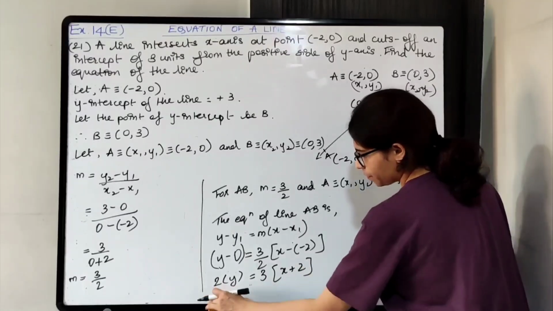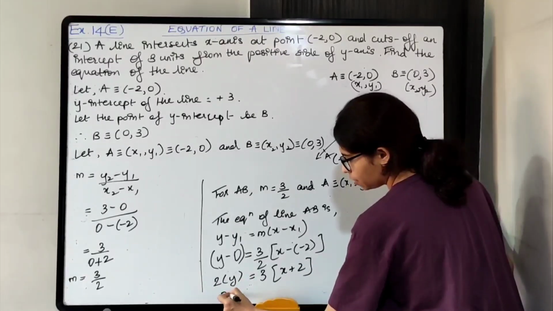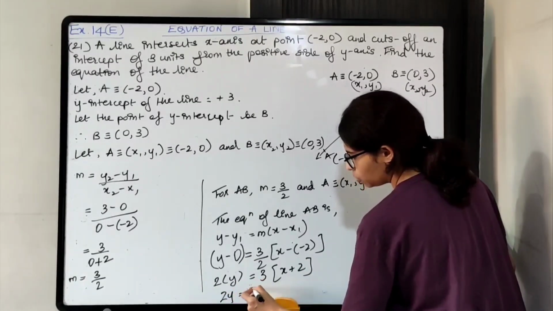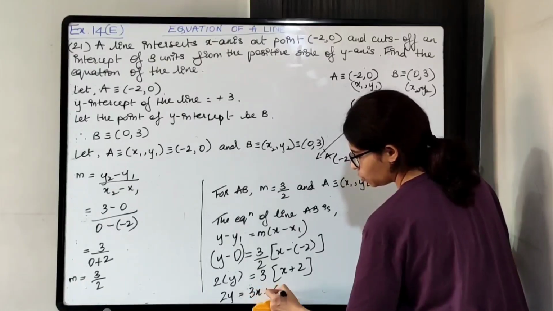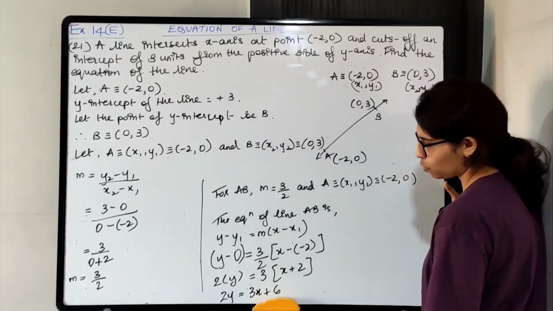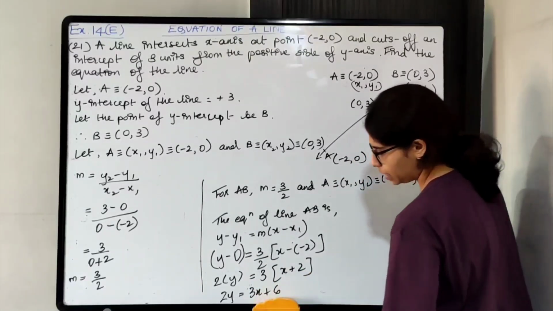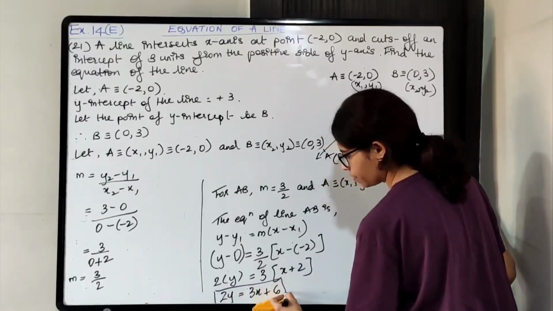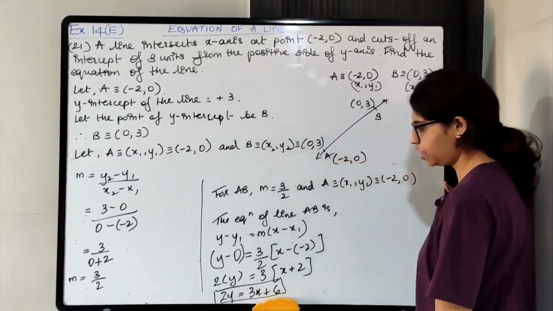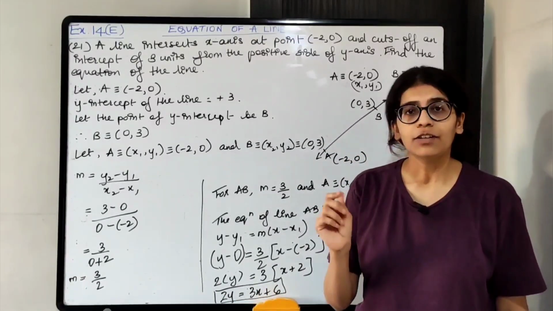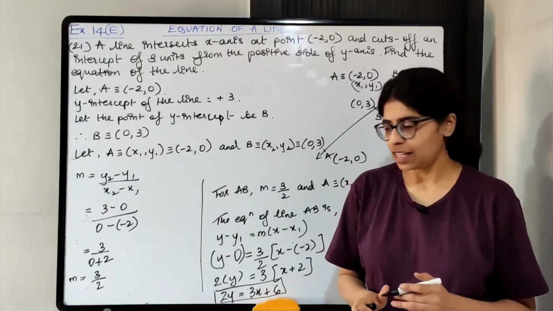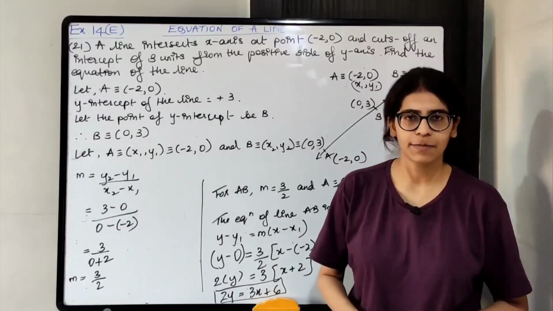Okay, so we'll get 2y is equal to 3x plus 3 2s are 6. So this is the equation of the line. Box it, and write down the final statement. The equation of the line is 2y equals 3x plus 6.